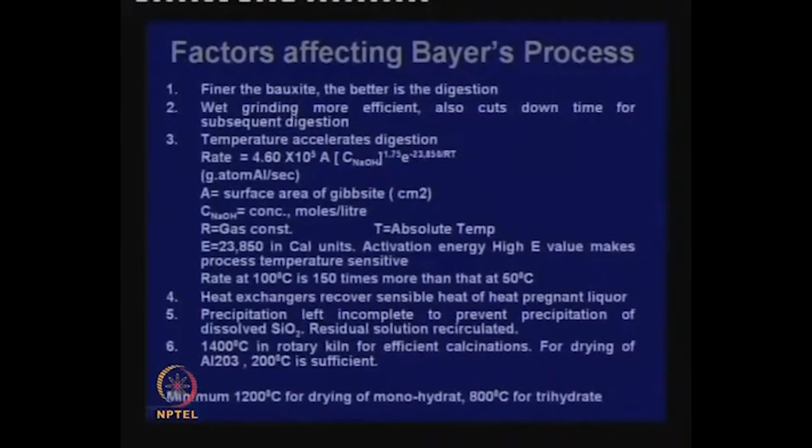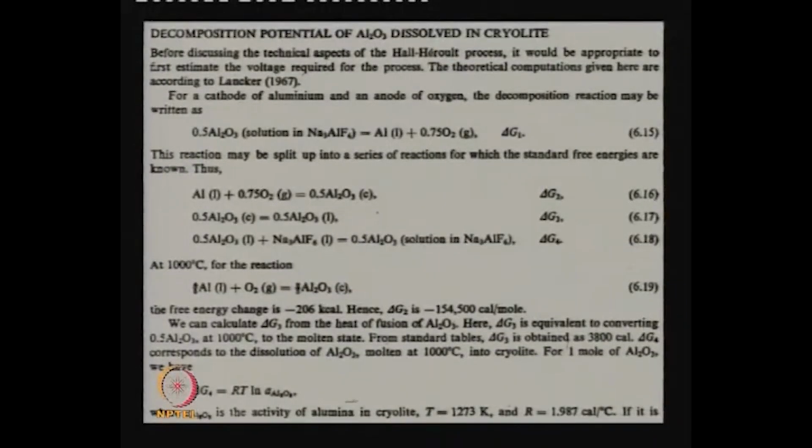You need a lot of pressure in an autoclave. Some people would rather settle for lower temperatures, because autoclave operation at higher temperatures means more expensive equipment, more energy. So, the different companies have different ways of doing it. No two companies act in the same manner. Eventually, everybody tries to produce pure Al2O3, which will go into an aluminum cell.